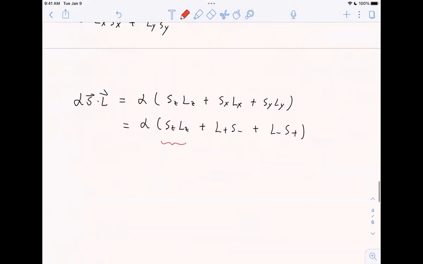This is what we call the spin conserving term. And these are the spin flipping term.